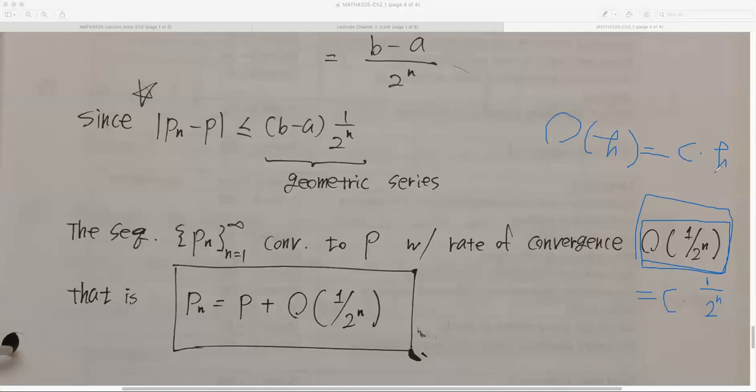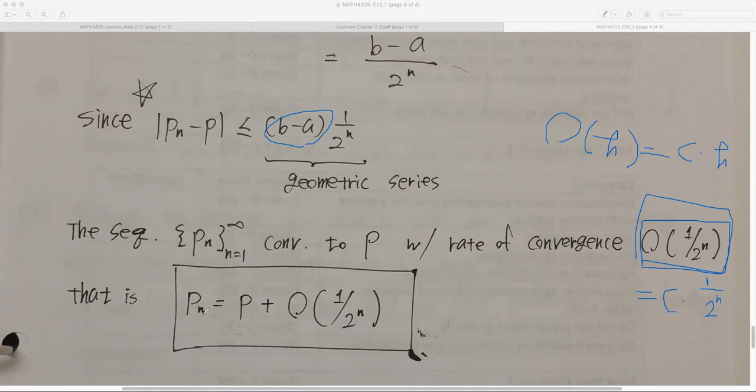So here, in this case, what is C? b minus a, right? It can be considered as a constant because b minus a will not be affected by n, the number of iterations. So C times 1 over 2 to the nth power.